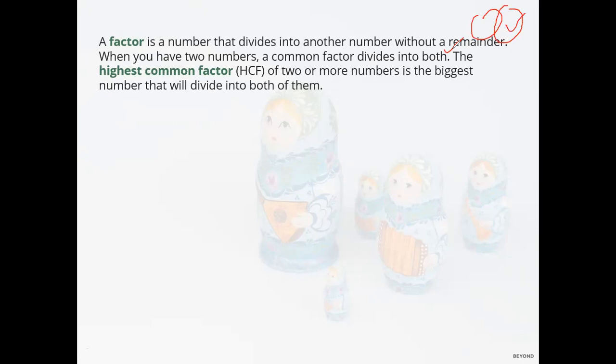Remember that? Now, the highest common factor of two or more numbers is the biggest number that will divide into both of them. That's why it's called highest, because you are going to find the biggest number. Okay, let's see examples.